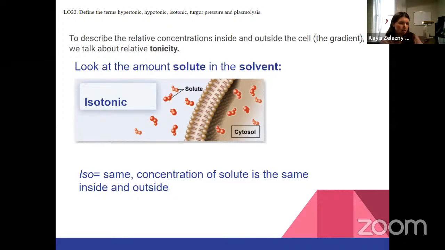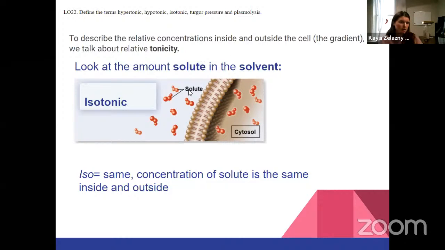These next three terms are ways of describing that transmembrane gradient, and they refer to specific types of gradients. What we want to focus on on this slide is the amount of solute, which is the thing that's dissolved, in the solvent, which is water.